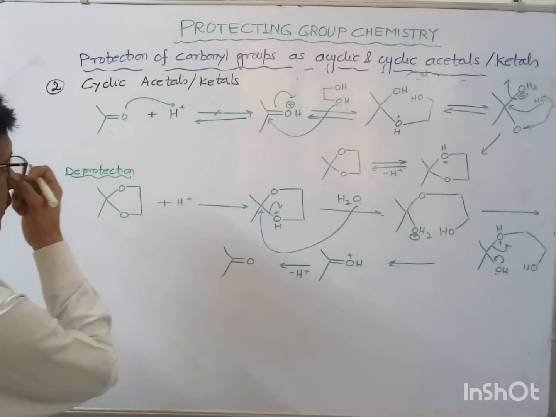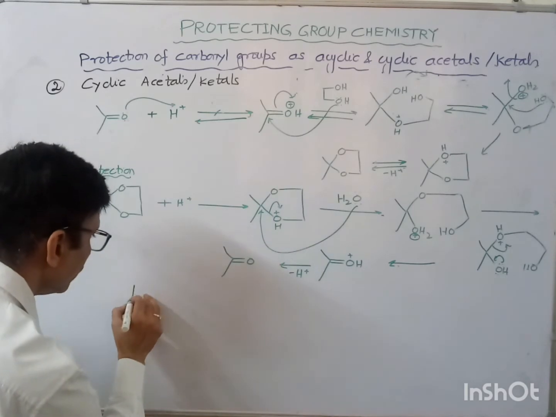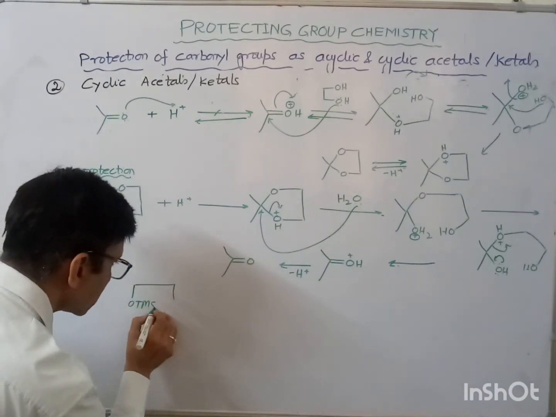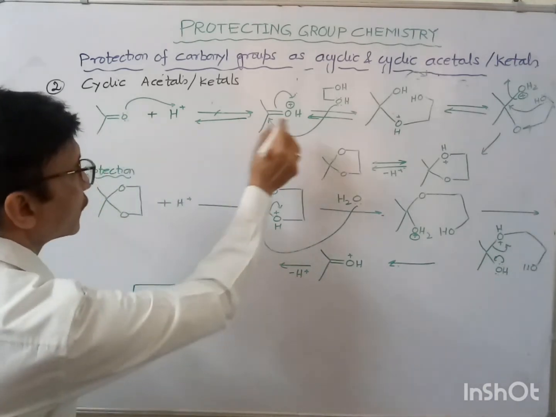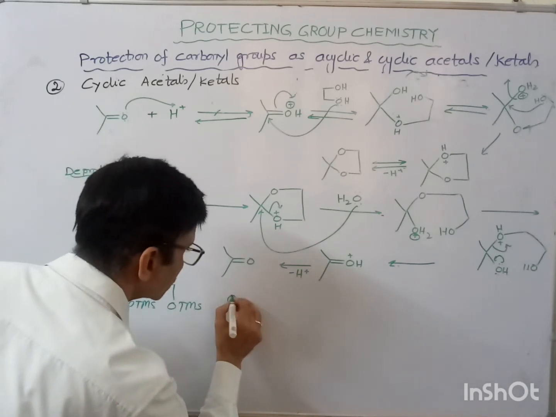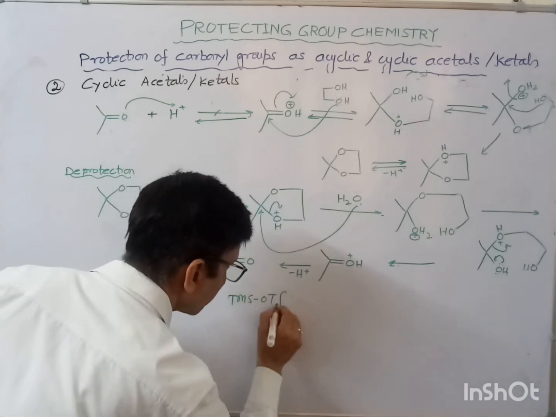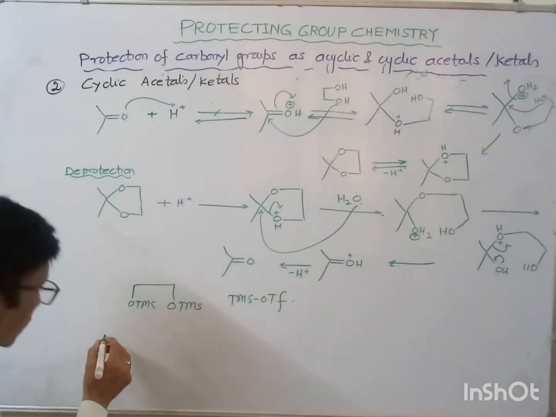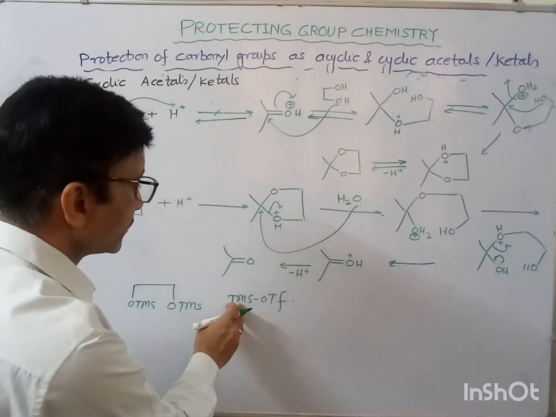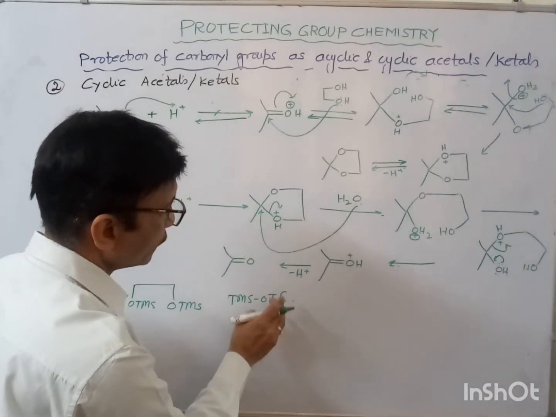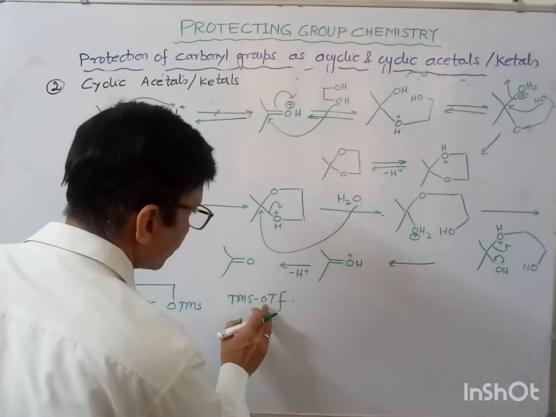That can also be used in some other way, like if we use in place of this diol, we may use this OTMS and this triflate. TMS triflate can also be used. Okay, suppose we have TMS triflate, that is trimethylsilyl trifluoromethane sulfonate.